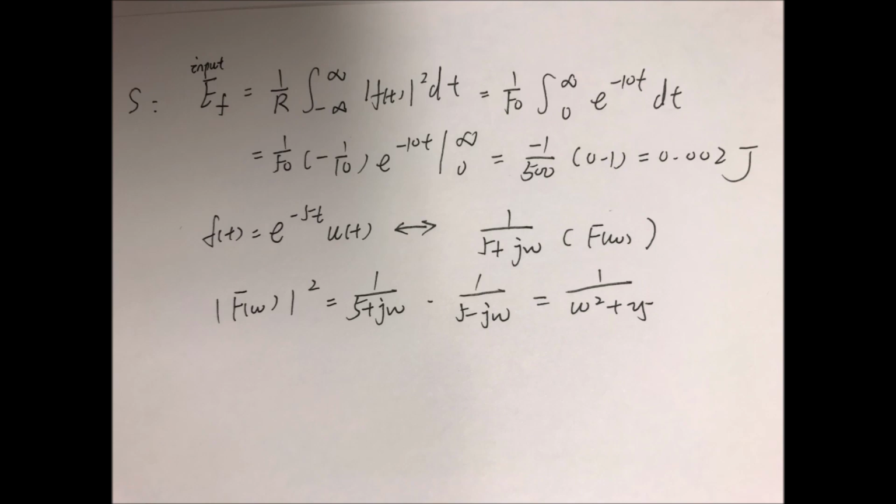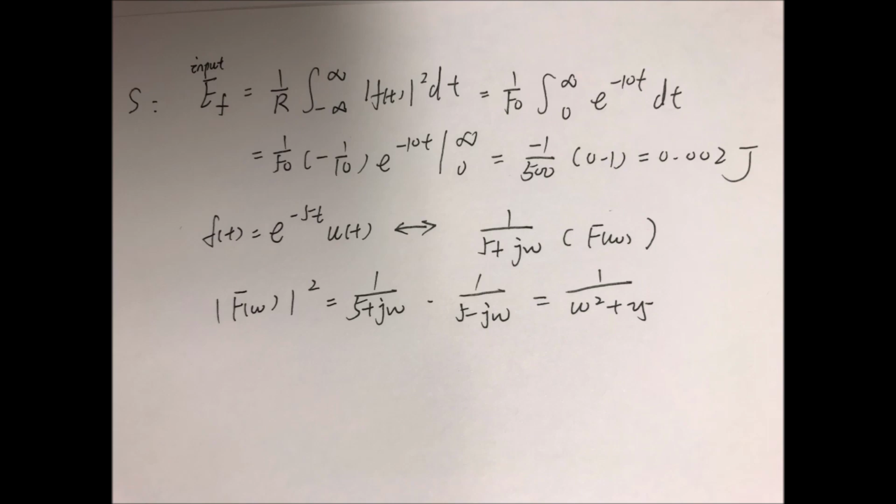Now, we can just use this one. If my signal is complex, absolute value of magnitude squared should be the signal times its conjugate. So my case is the same.